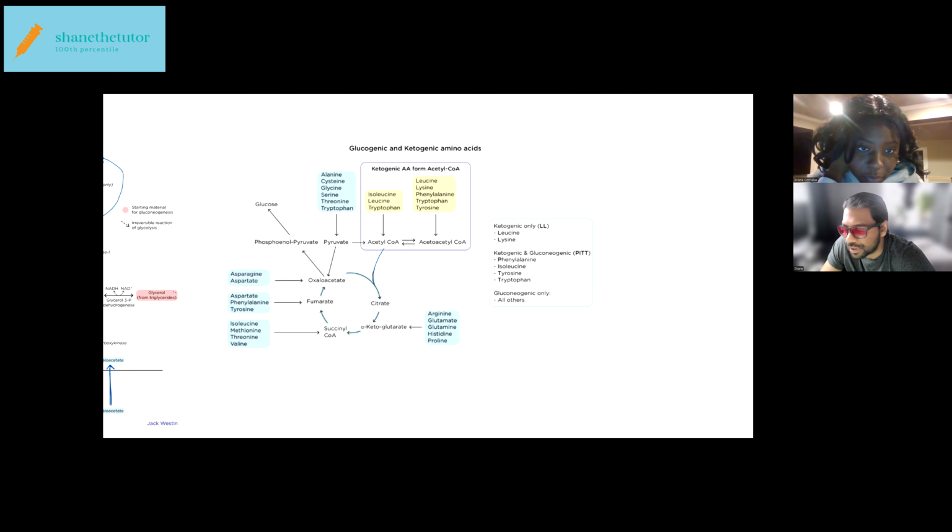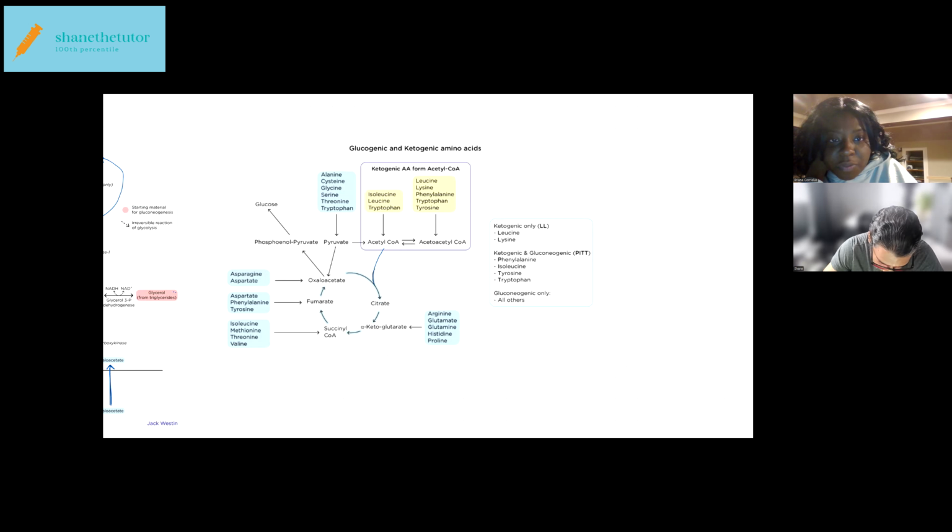But then again, for example, when would arginine be needed to create alpha-ketoglutarate if we already have citrate? Is it only if citrate's not there, you can use one of these amino acids to keep going?